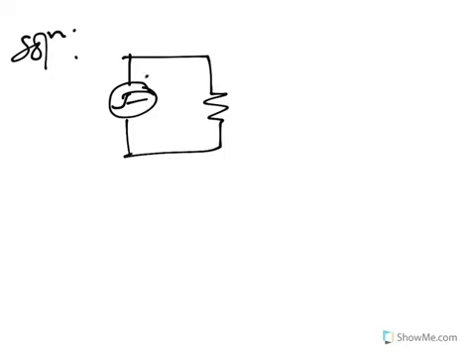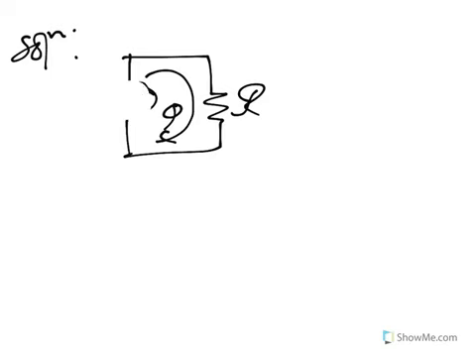This is your phi, this is the reluctance, and this is the magnetic force F. This is the magnetic circuit we can have.